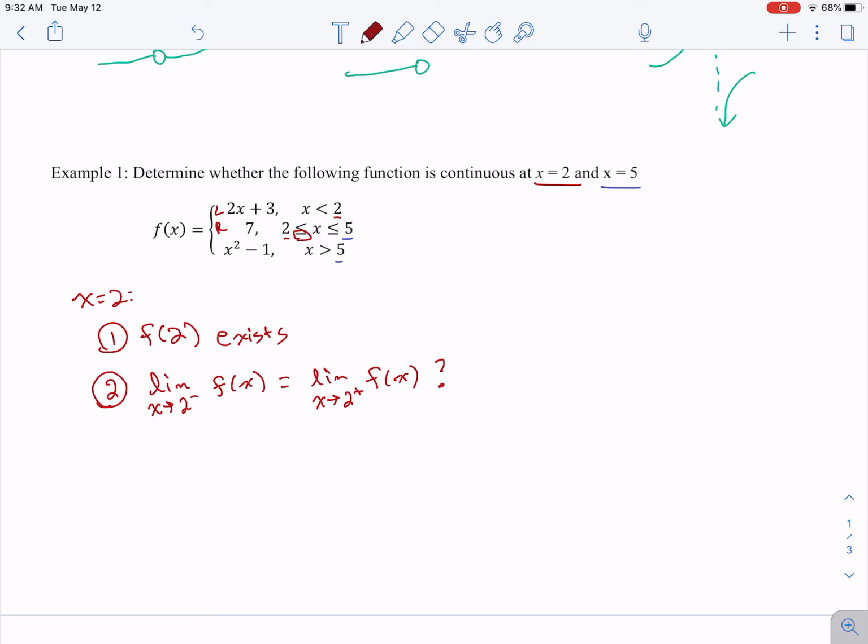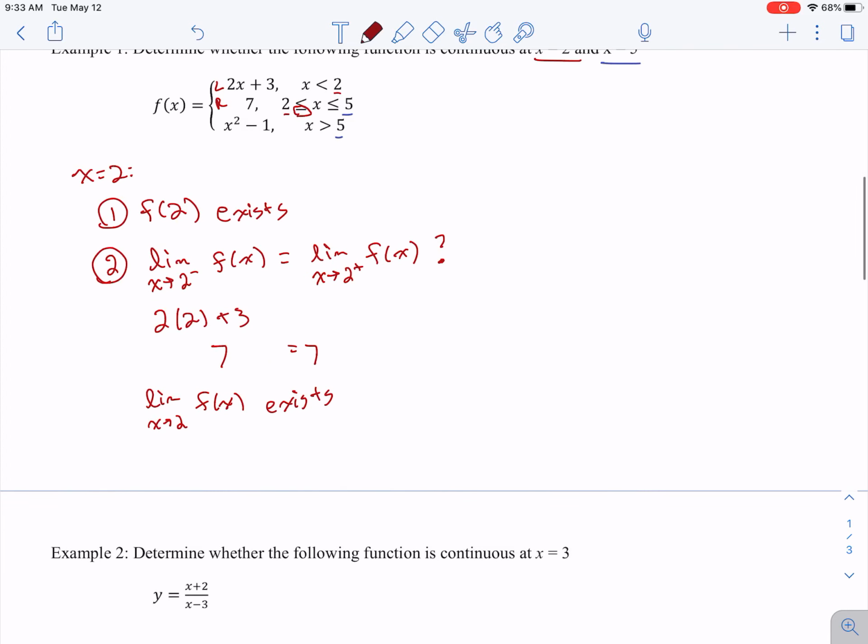So the left, if I plug in a 2, I'm going to get 2 times 2 plus 3, which is 7. And the right-hand part is just, well, 7. So yes, so the limit as x approaches 2, f of x exists.